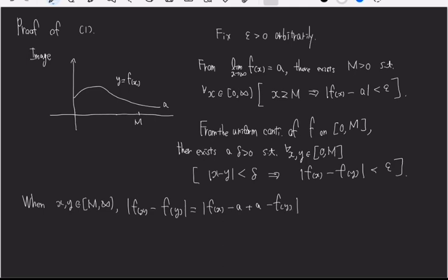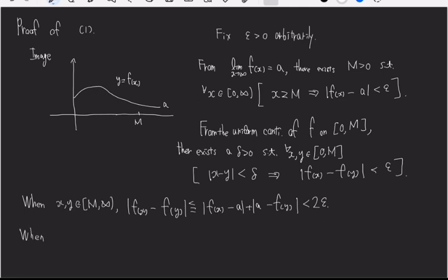Each of these terms is estimated like this. Thus, from the first computation here, these terms can be estimated by 2 epsilon.